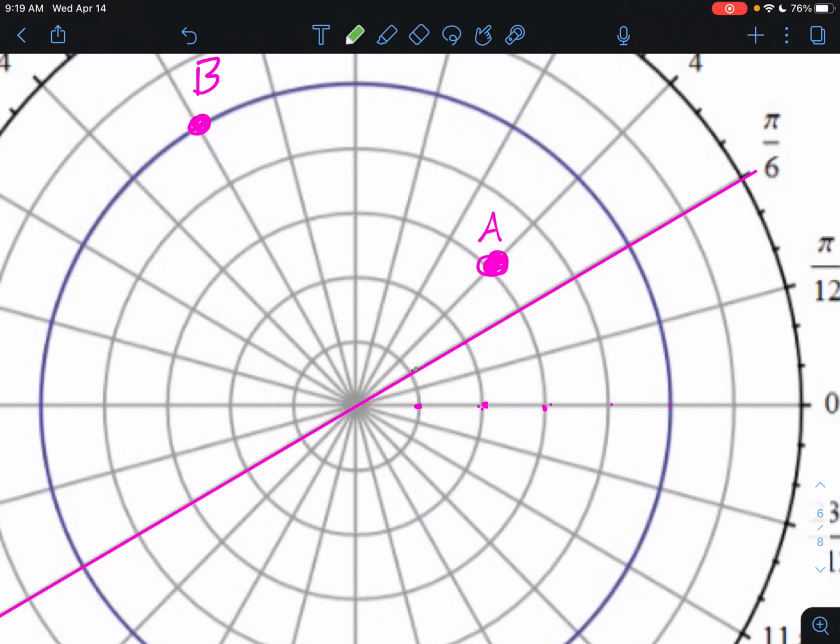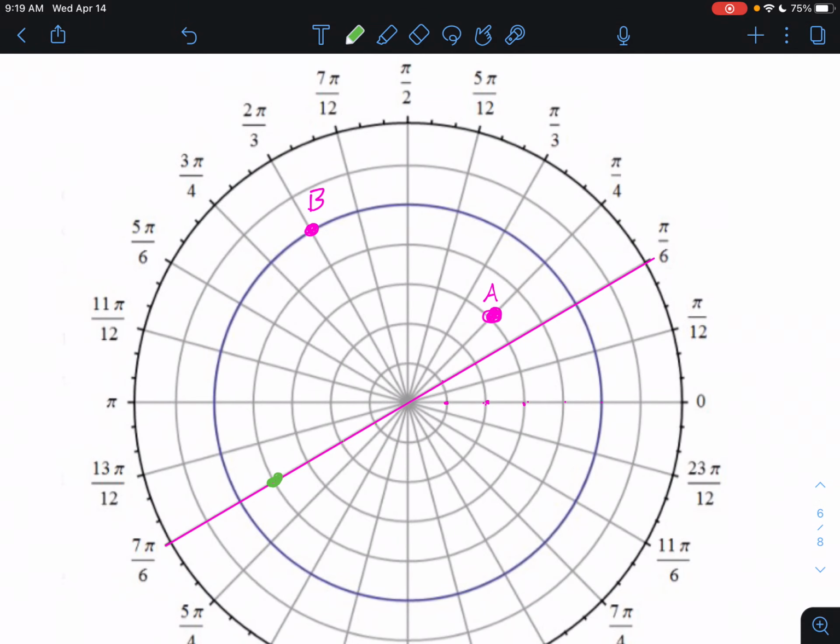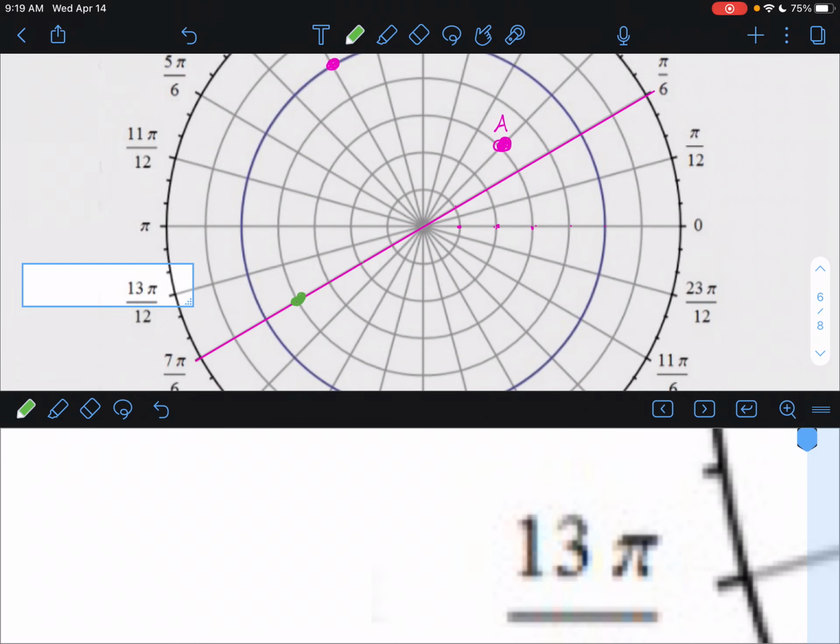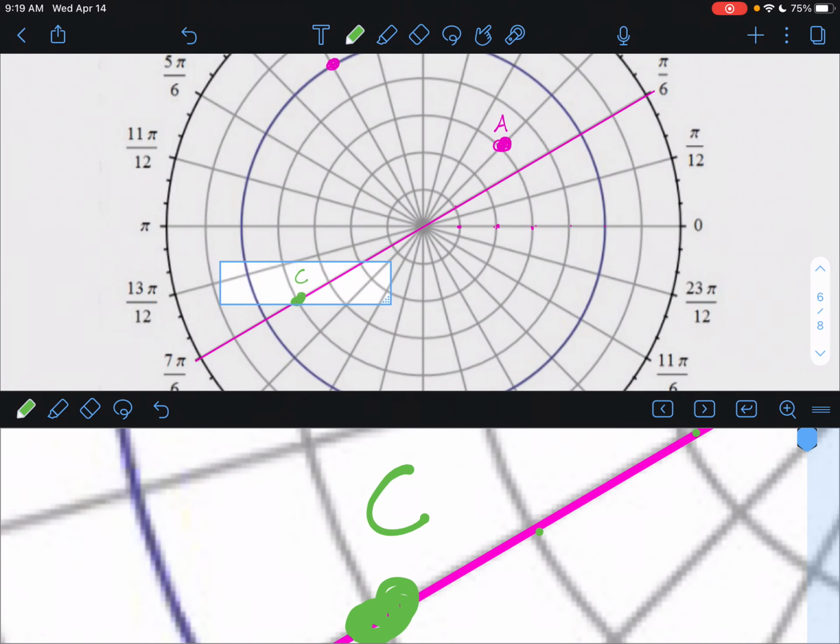I go 1, 2, 3, 4. And that would be my point if it was positive 4 at pi over 6. But since it's negative 4, I want to go 1, 2, 3, 4 in the opposite direction. So we're looking at that line for the pi over 6 and putting a point there. So this is my point C.